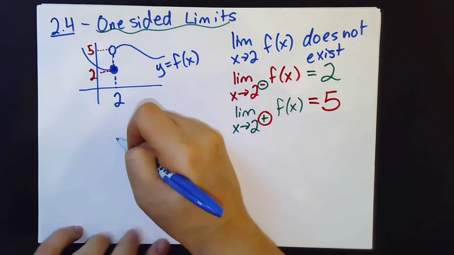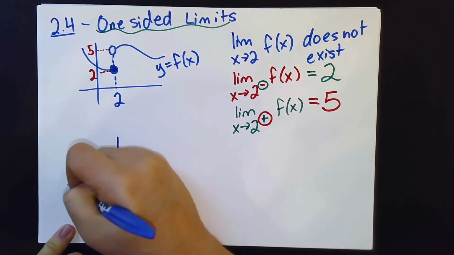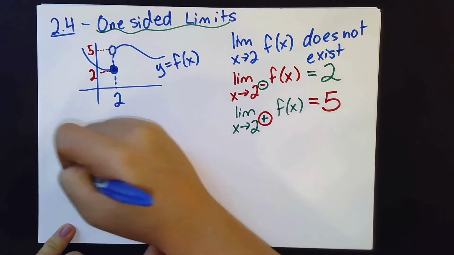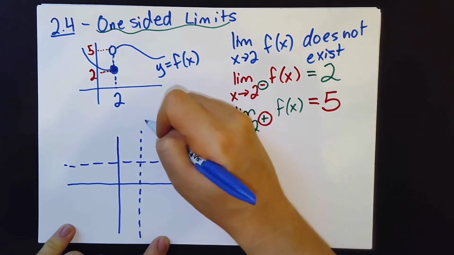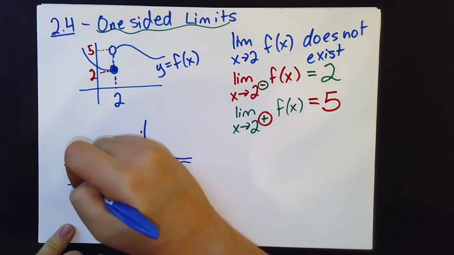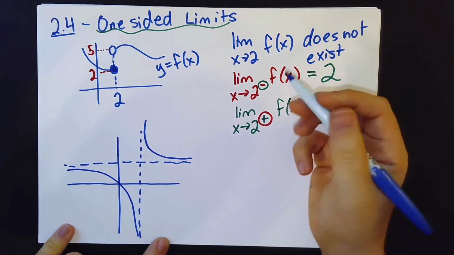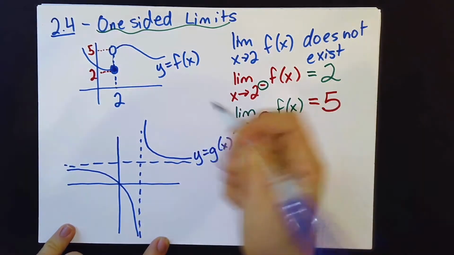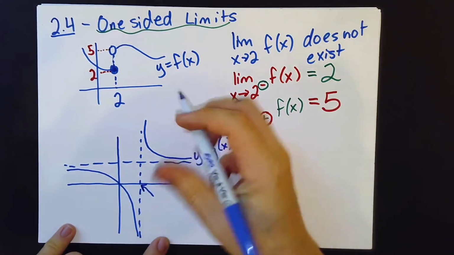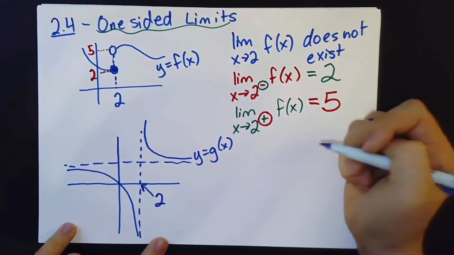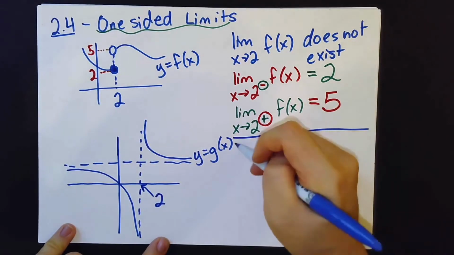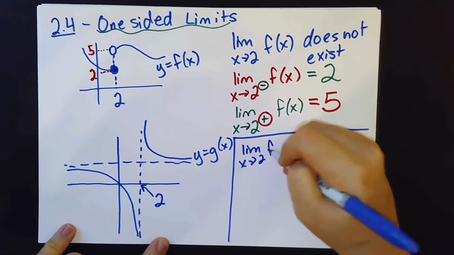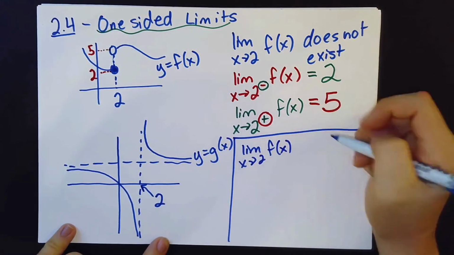Another piece of what one-sided limits do is they let you explain more clearly what's happening at an asymptote. Okay. So if this is our function g of x, and we have our asymptote here, let's say that this is x equals 2 again. When we talk about the limit as x goes to 2 of g of x, this still is just undefined.